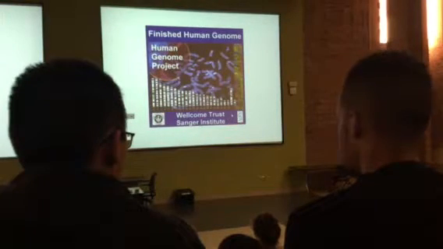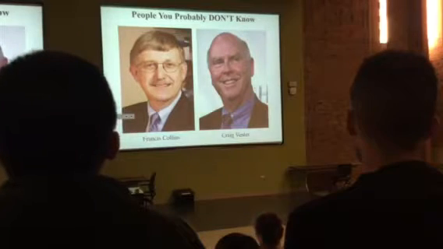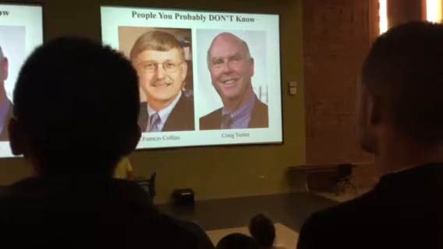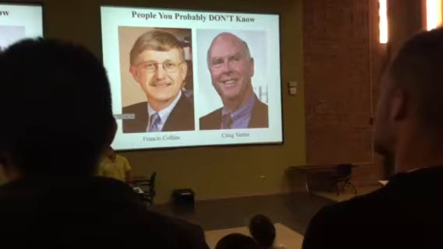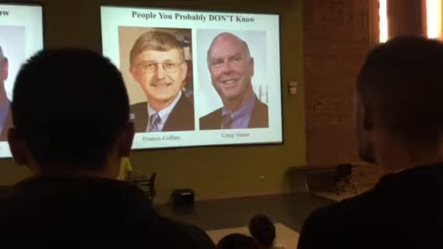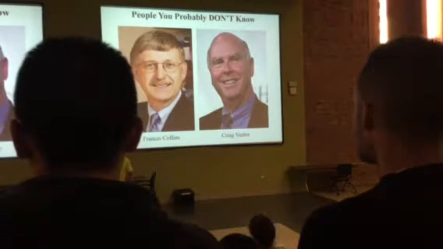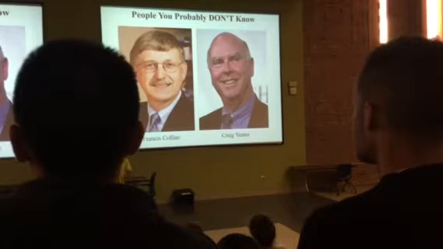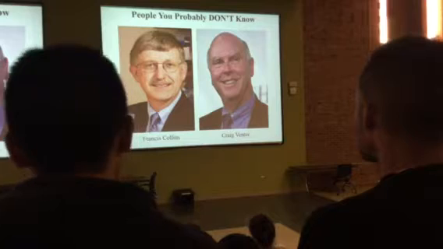And there were two people that did it, and it was actually done early. These two guys are the people that put it together. Francis Collins on the left was actually a professor at the University of Michigan. The guy on the right owned his own business. They're both scientists. They absolutely hated each other. They were competing against each other to actually get the human genome mapped out.